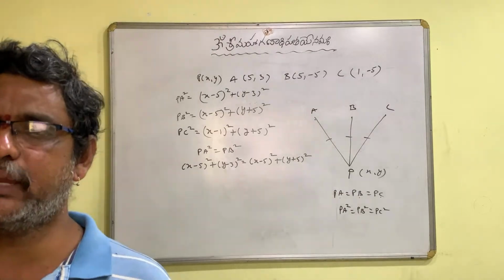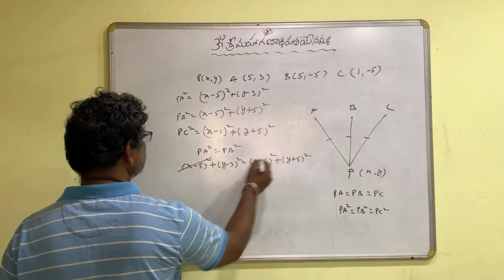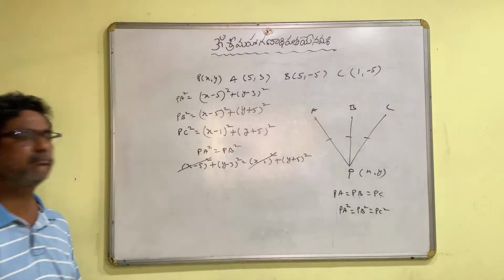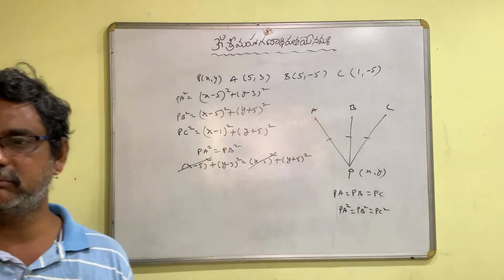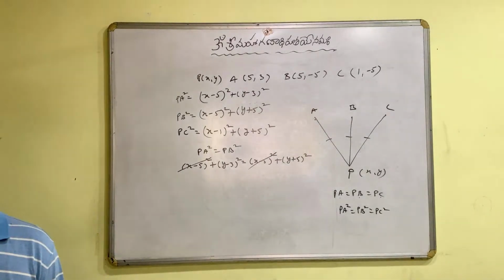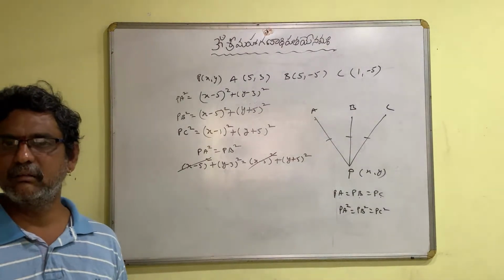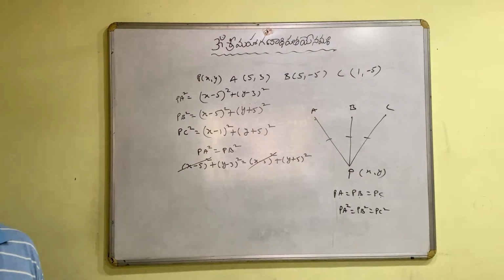Cancel x minus 5 whole square on both sides. Wrong. Square root on both sides, wrong.